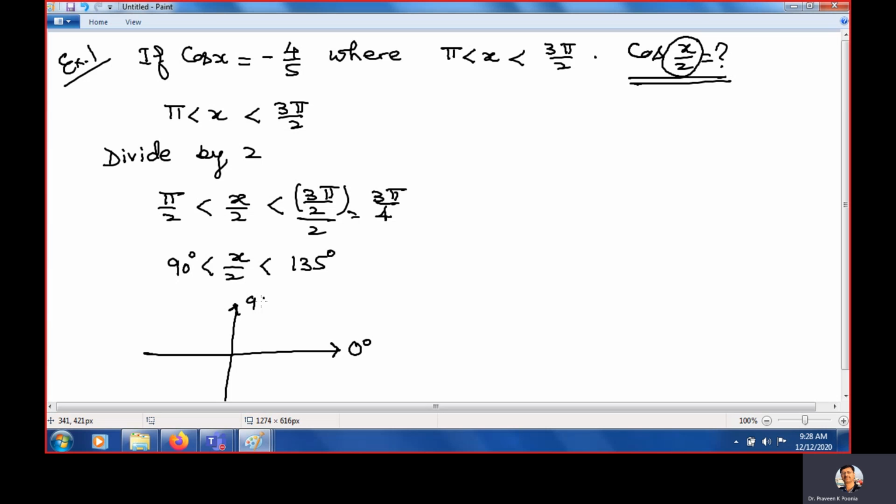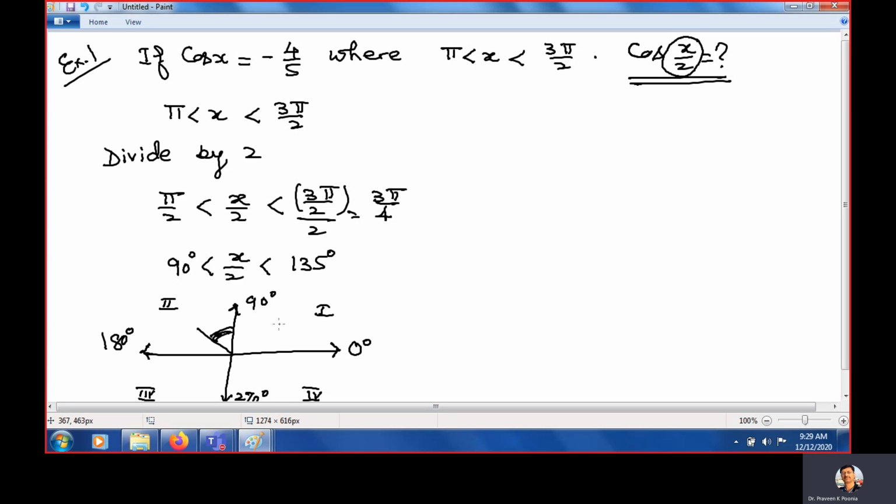This is 90 degree. And this is 180 degree. And this is 270 degree. 90 degree and 135 degree, it is here. From 90 to 135, this angle. So this is the first quadrant, this is the second quadrant, this is the third quadrant, and this is the fourth quadrant.